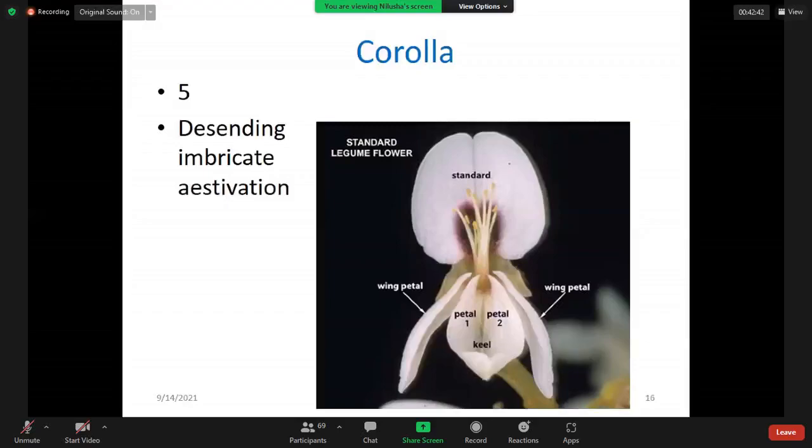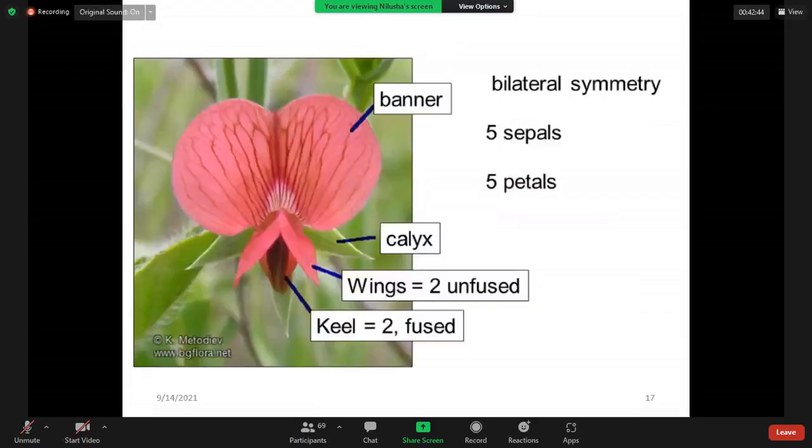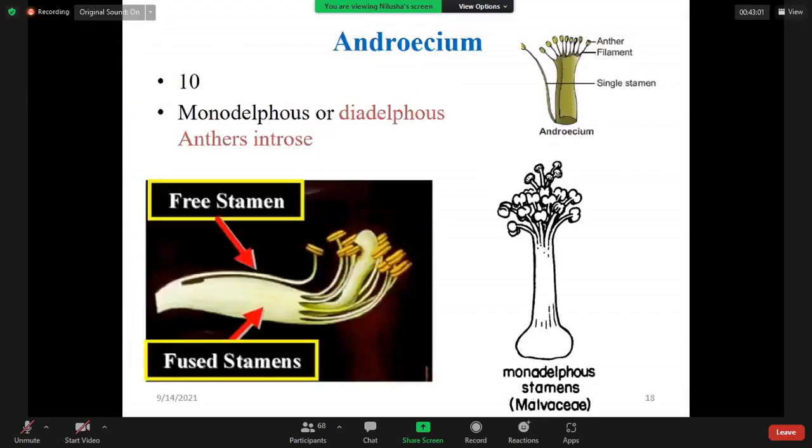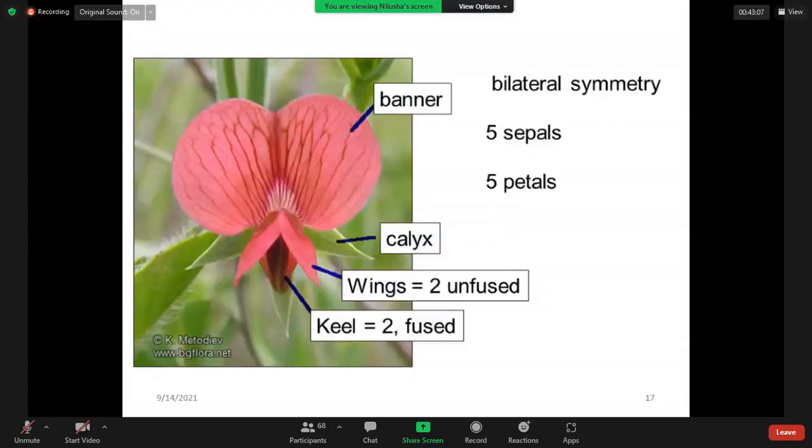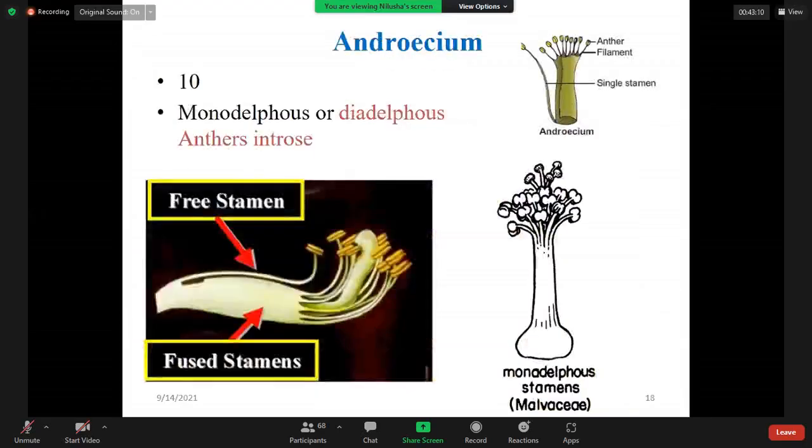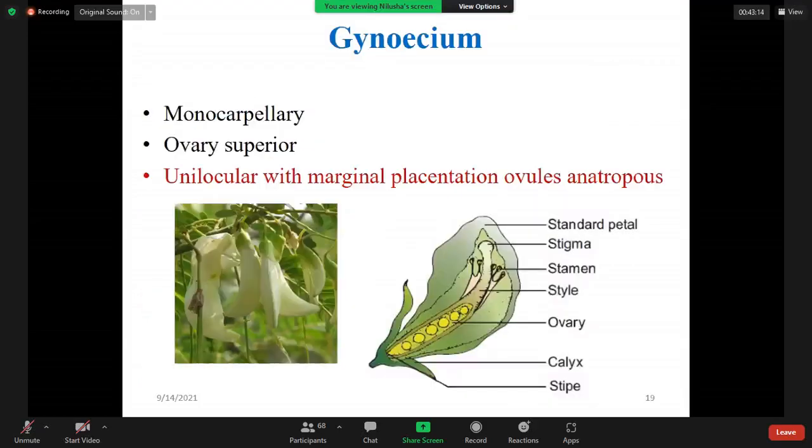And about the petals, is it clear for all? Yes, ma'am. Normally it will be asked in your exam also. You should know about the petals.